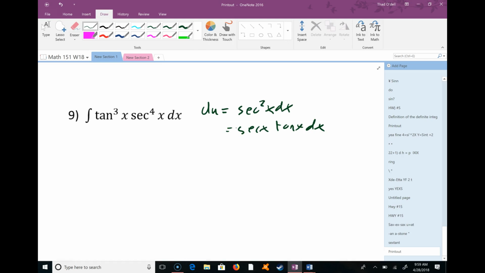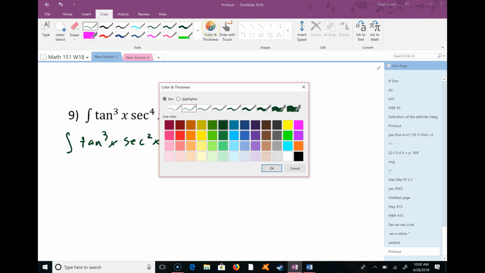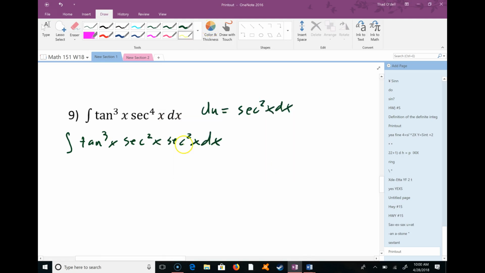If we want to rewrite this, let's see if the first one works. So we'll look at that. I'm taking out two secants, so that would be tangent cubed x times secant squared x times secant squared x dx. So my du is right there. Shoot, I keep doing that.